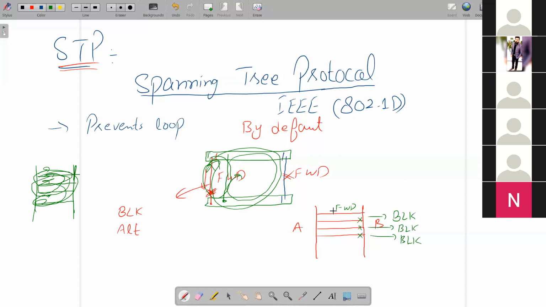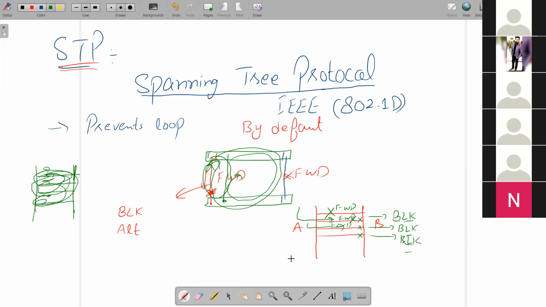So STP puts all the backup links into the block state. If the first link goes down, after a few seconds, because there are some timers of STP, STP will put the second link into the forwarding state. Now the traffic will pass through the second link. If this link goes down again, STP will put the third link into the forwarding state, and so on.